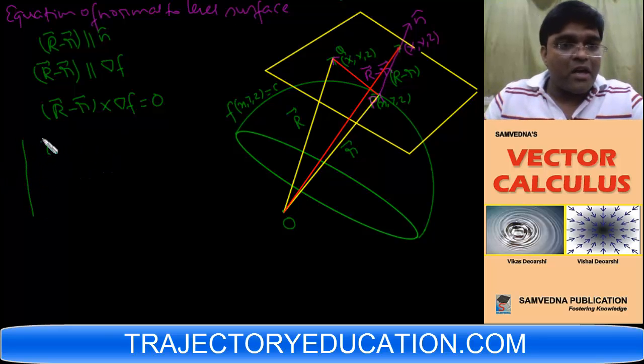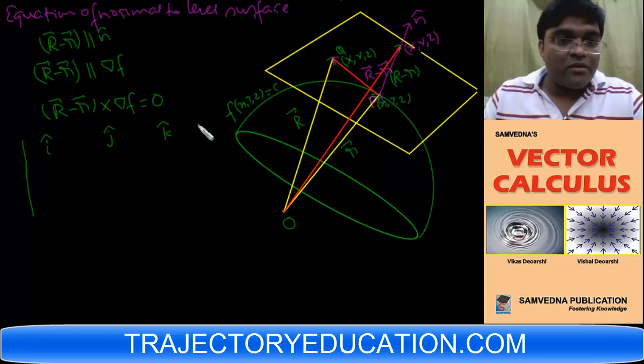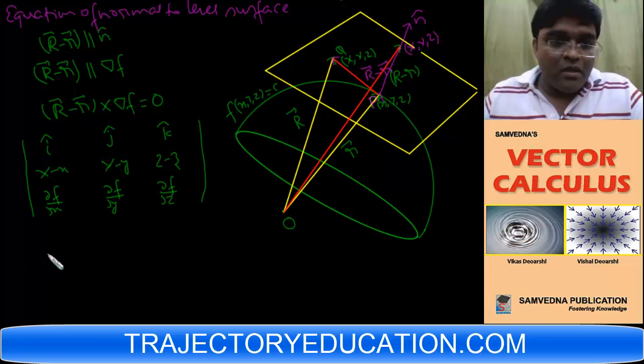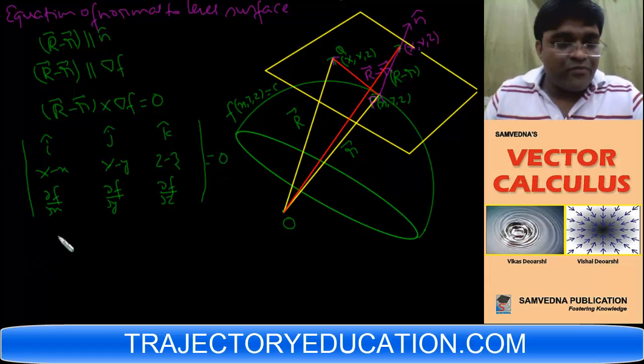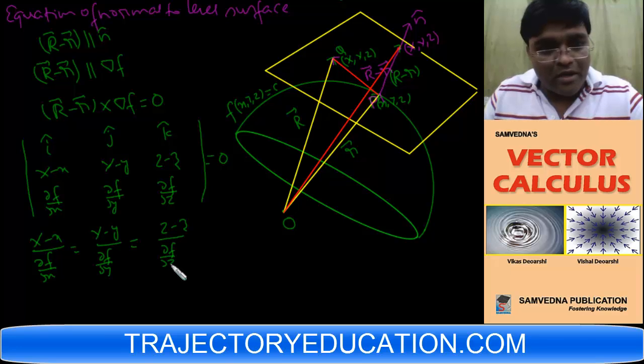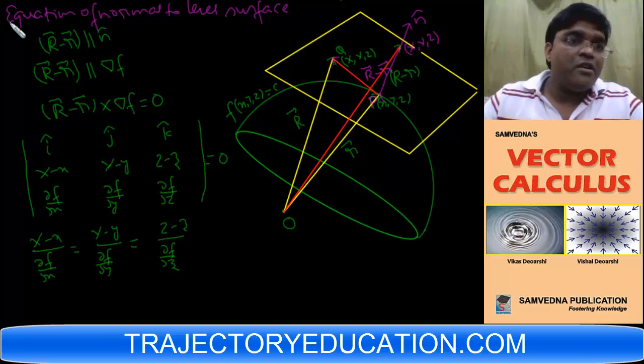This is the equation of the normal, which can be written as a determinant with rows i, j, k; X minus x, Y minus y, Z minus z; and dou f by dou x, dou f by dou y, dou f by dou z.